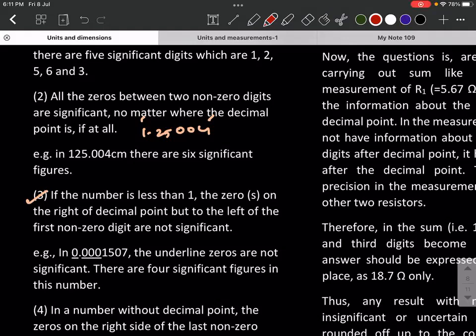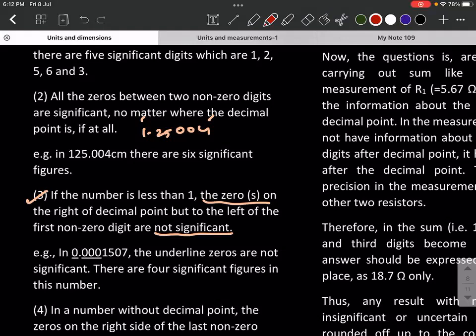So listen, if the number is less than 1, then the zeros on the right of the decimal point but to the left of the first non-zero digit are not significant. Okay. So what is the meaning of it? For example, I have a reading like this, 0.0001507.